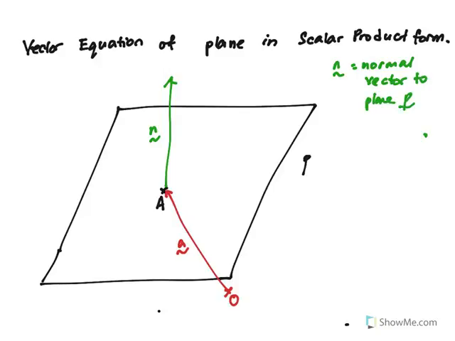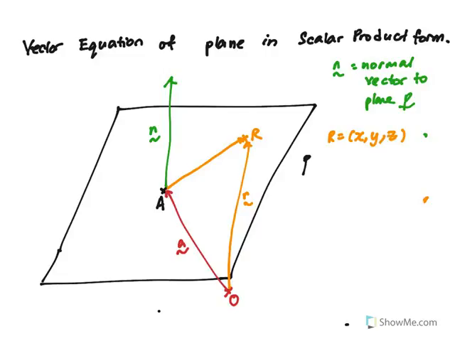Now, how do we identify any general point on the plane? Let's consider any point on the plane, and call it R. R can be any point on the plane, with coordinates x, y, z.